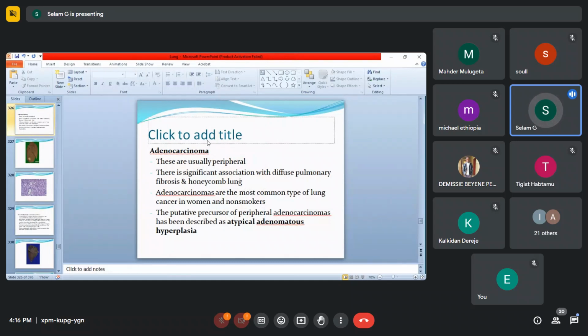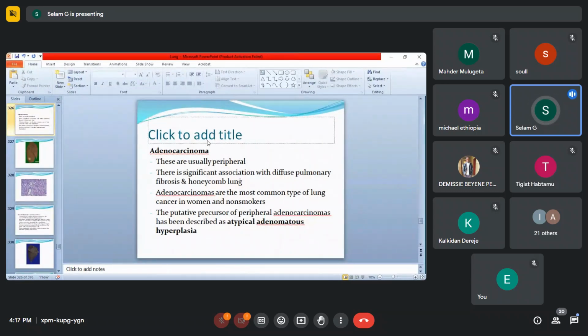So adenocarcinomas are usually peripheral, occurring in the subpleural area. There is significant association with diffuse pulmonary fibrosis and honeycomb lungs. So end-stage lung disease may be a risk factor for adenocarcinoma. Adenocarcinomas are the most common type of lung cancer in women and non-smokers, and the putative precursor of peripheral adenocarcinoma has been described as atypical adenomatous hyperplasia.